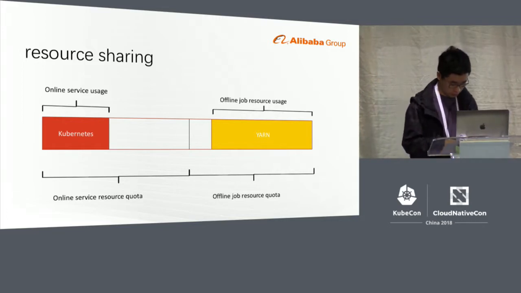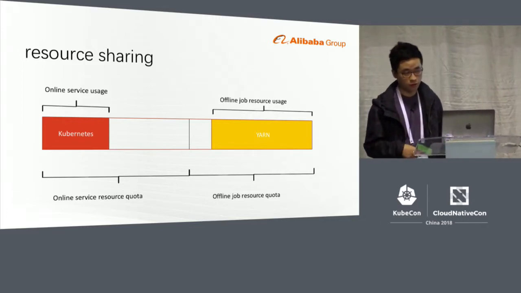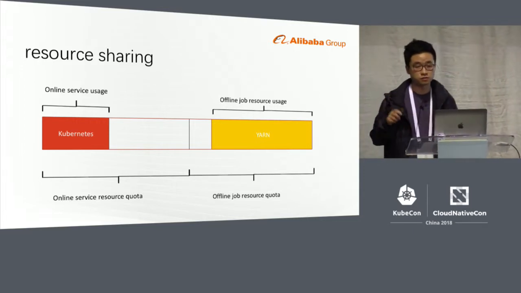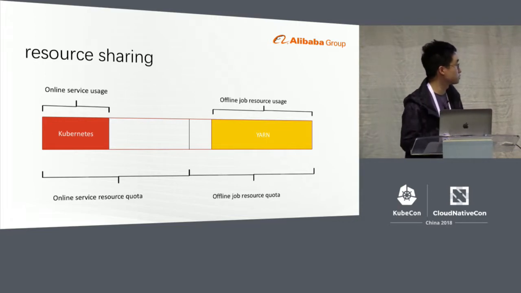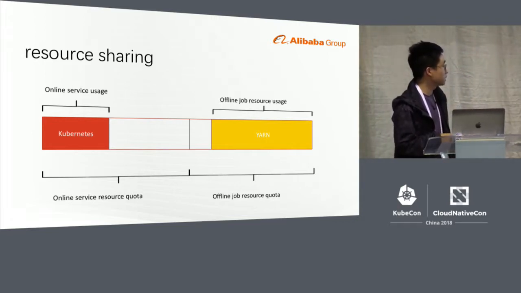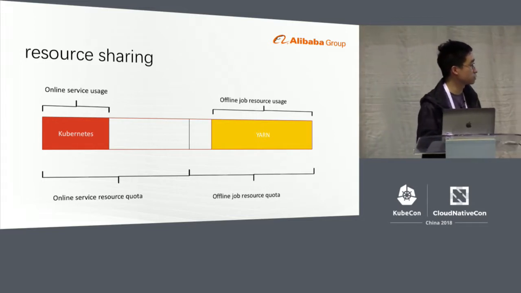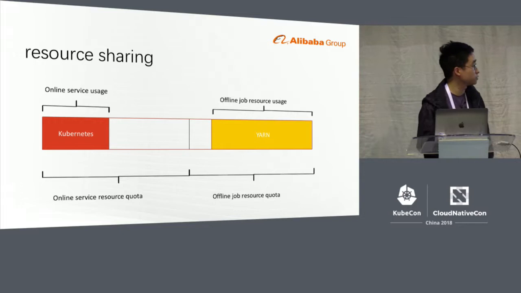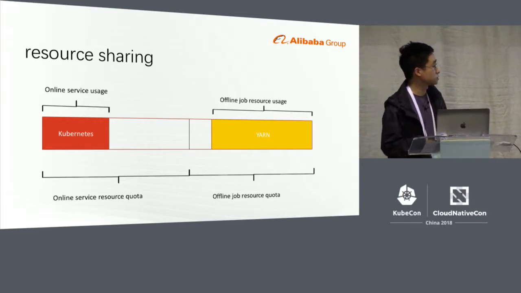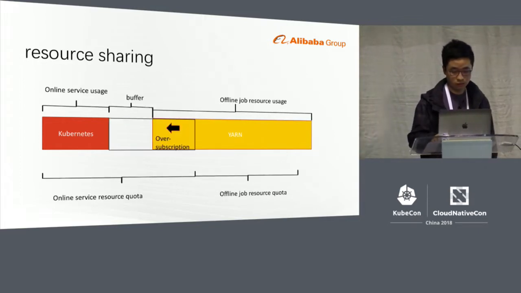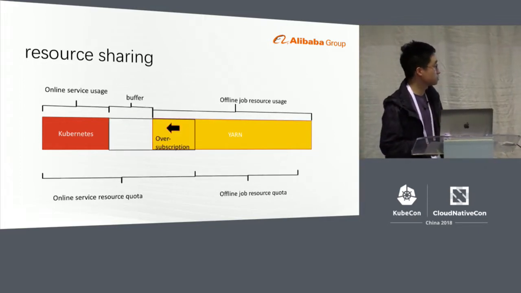So for every node, YARN also implemented a container concept like best efforts of Kubernetes. On every machine for Kubernetes, it's a half and half ratio. But in fact, there are still resources left. For YARN, it can also use the resources you request but actually do not use.